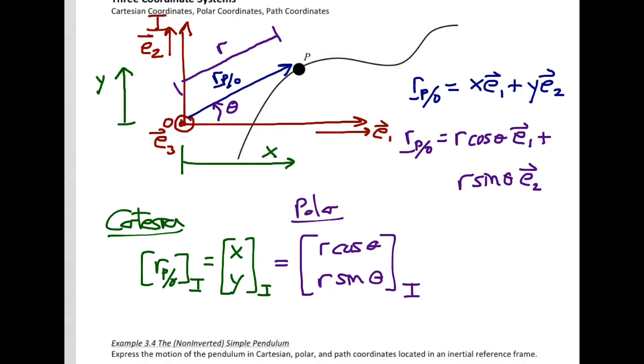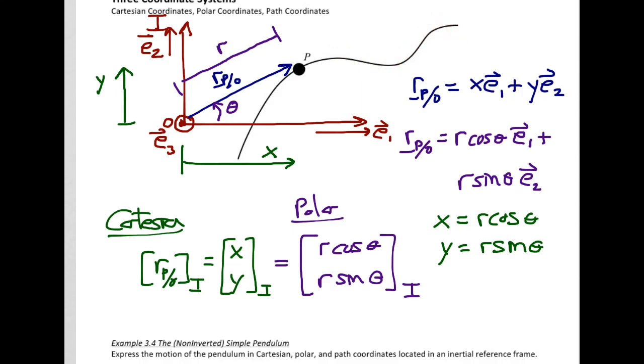The polar coordinates have an r coordinate and a theta coordinate, but they're combined to make the x and the y. And so to convert between these two coordinate systems is pretty easy. Here's our conversion. x is equal to r cosine theta, and y is equal to r sine theta. And so you can see how we can take these two coordinate systems and then track the particle as it's moving along this path.